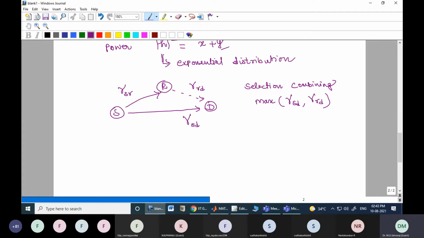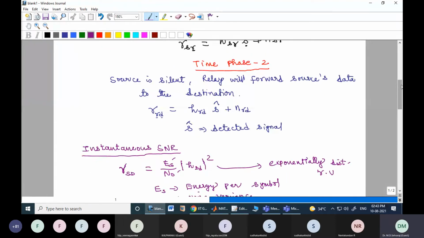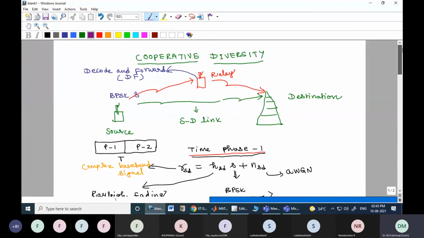So this is the basic system model of cooperative diversity.